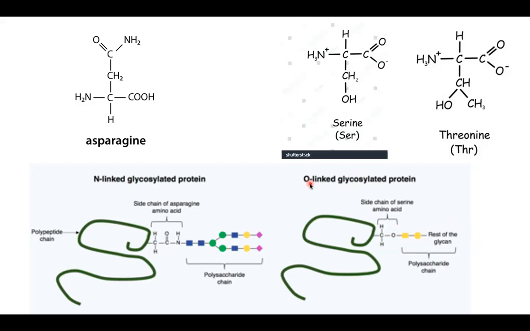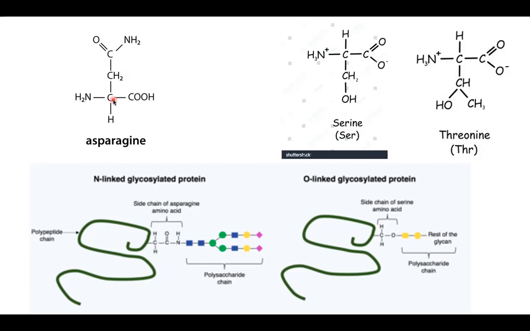Okay, here's what you need to know. Here are the rules of N-linked glycosylation. Remember that a protein is made up of amino acids, right? And there's like 20 or even more amino acids, right? One of the amino acids is called asparagine. Okay, I want you to look at this amino acid.